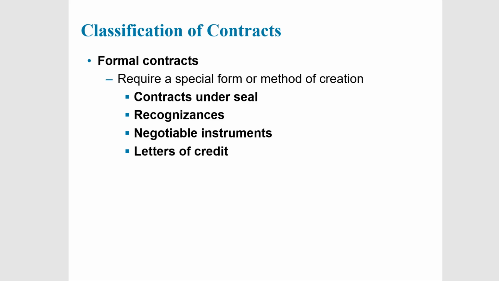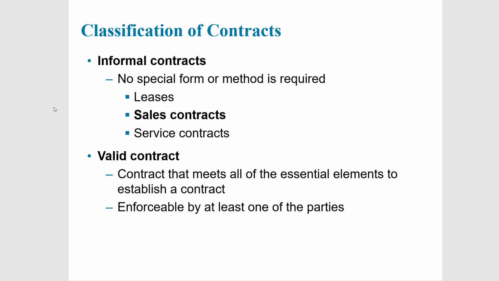And they say yes, and if they don't, then there will be a fine or maybe even an imprisonment for that. But that has to take a specific form. Negotiable instruments, the biggest example of those are checks that we write. They have to be in a very specific form. There's a lot of laws regulating those. And then finally, letters of credit. Like I said, anything that's not formal is an informal contract. So those are just everything else.